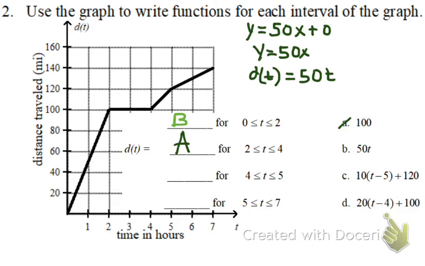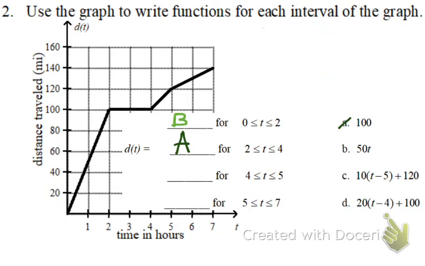For the third part, let's find the slope. So we rise from 100 to 120, so that's a rise of 20. We'll run 1. So our slope is 20. If we use the point on the left-hand portion of the graph, we see (4, 100). Now you can use any point, but I'm going to stick with that left point.